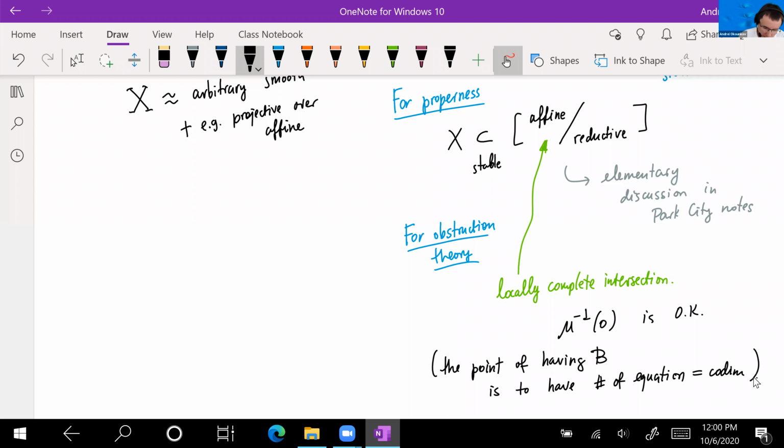Right. So I'm out of time now. I want to say one thing, that this, in principle, would belong to a bigger world. It is when X is a critical locus of a function on a smooth stack.